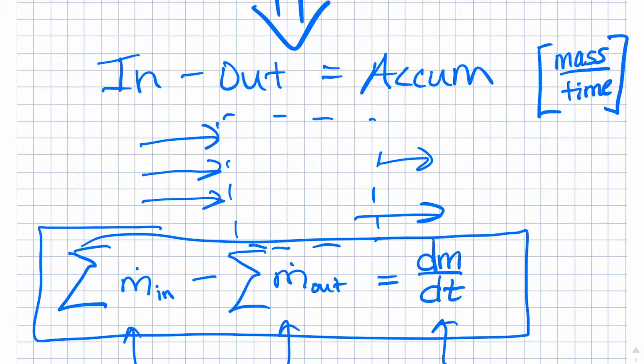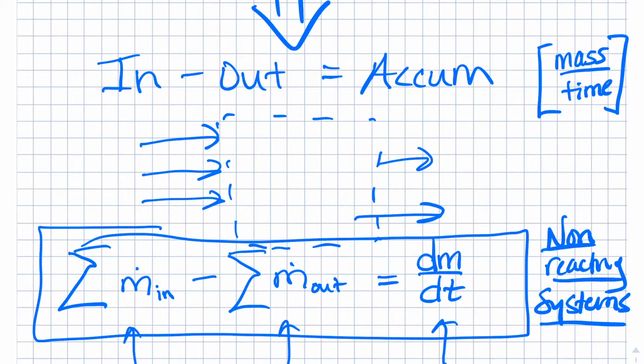This is a very important point though. Remember how I said we're not generating, we're not consuming mass? This is for non-reacting systems. Okay? That's very important. We're not changing one species into another.